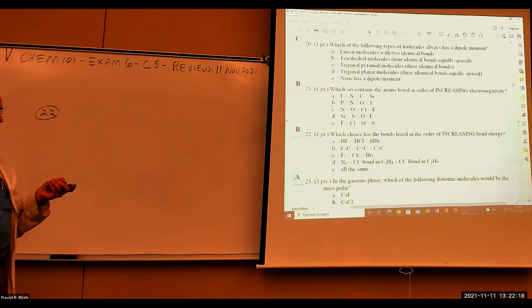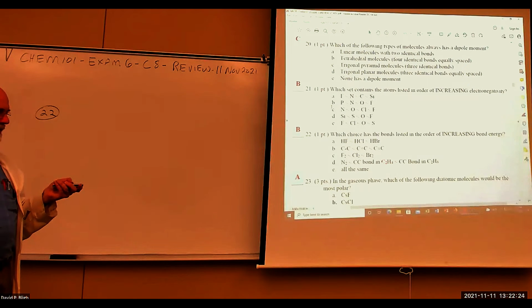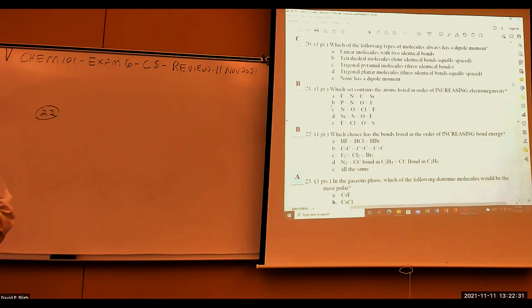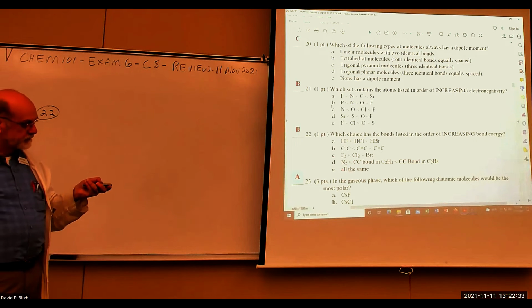Dinitrogen is a triple bond, carbon-carbon bond, and C2H4 is a double bond. So dinitrogen is a stronger bond than this one. Triple bonds are stronger than double bonds. So that one's in the wrong order.